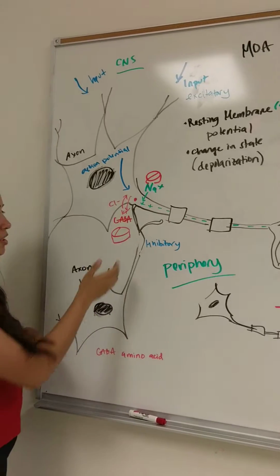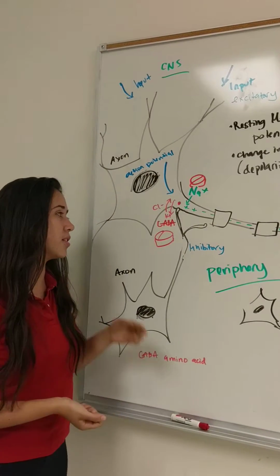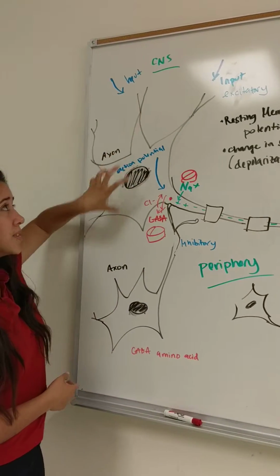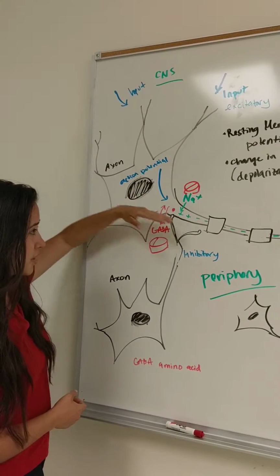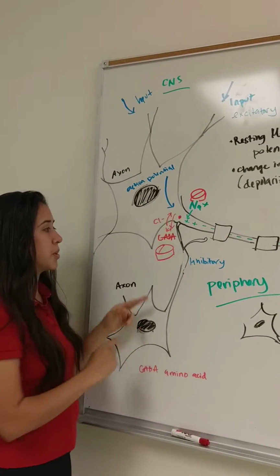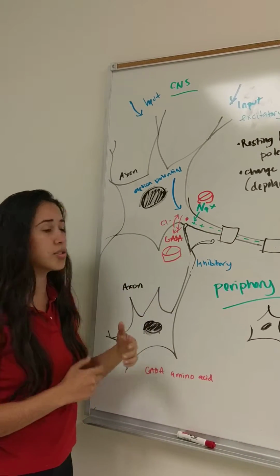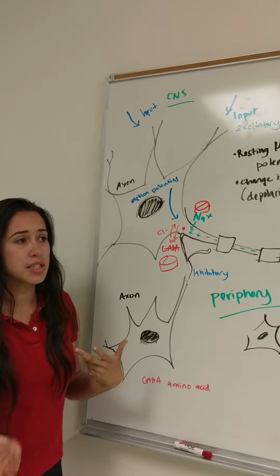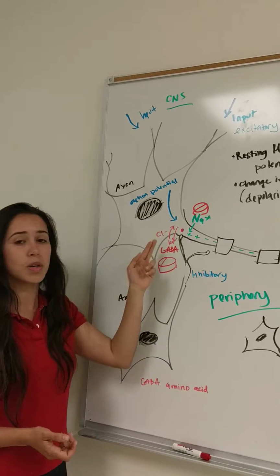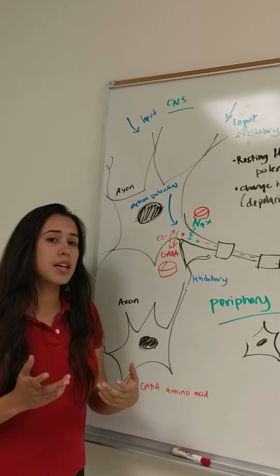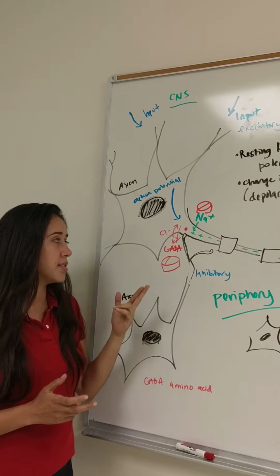The reason I drew it is because sometimes neurons can inhibit other neurons. So we have the signal, it's perfectly fine, it's going to travel, but it's being stopped by the release of gamma aminobutyric acid, also called GABA. And what GABA does is cause chloride to rush into the cell and potassium to come out. Chloride is negative, and potassium is positive.